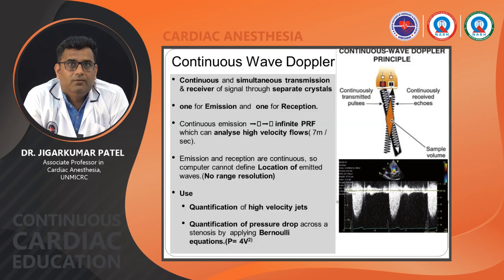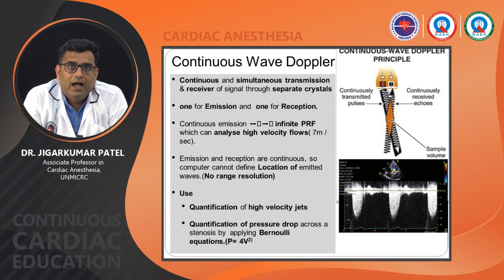Now we will see the various types of Doppler which we use. First is continuous wave Doppler. It is continuous and simultaneous transmission and reception of the signal through separate crystals. One crystal is used for emission and one for reception, so there is continuous emission and continuous receiving. So there is infinite PRF, or infinite sampling rate.